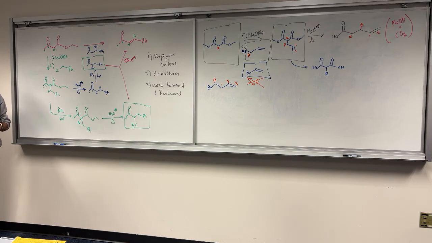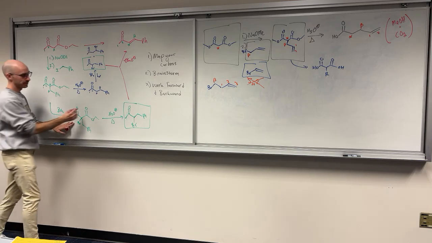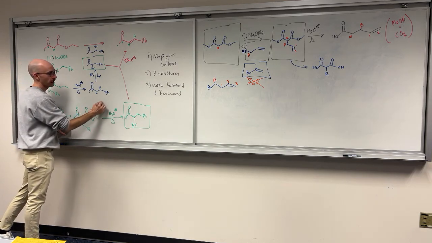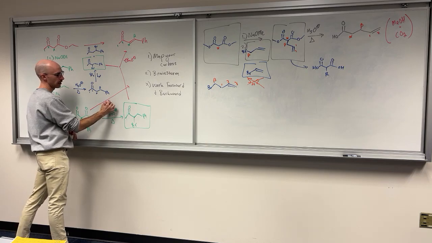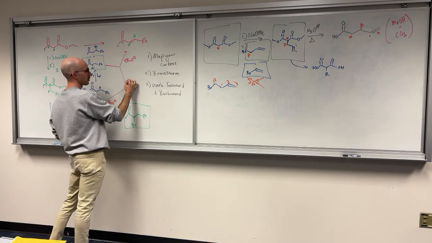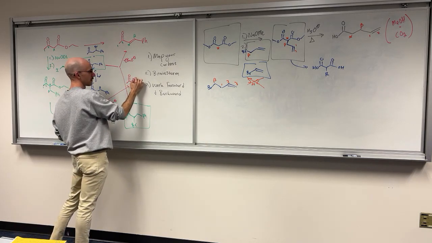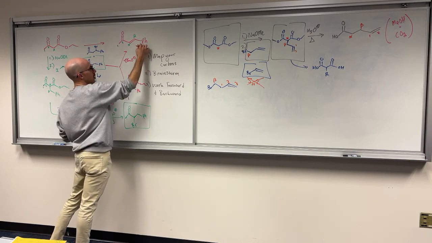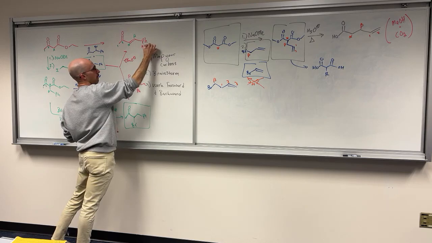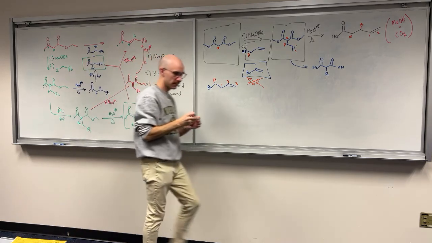And then there was another route, which was from this alpha halogenated product, you could run that elimination and you could create the alkene before running decarboxylation.